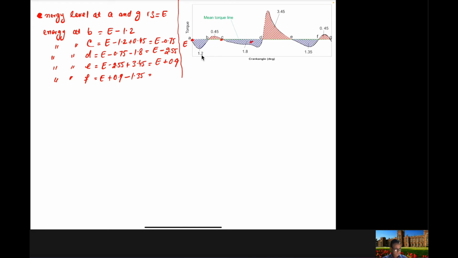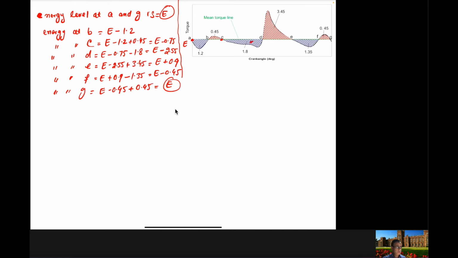So this will become E minus 0.45. And finally you can calculate the energy at G, which will become E minus 0.45 plus 0.45, which is E. As you see here, the energy at G is automatically E, and you can also have the same idea here.